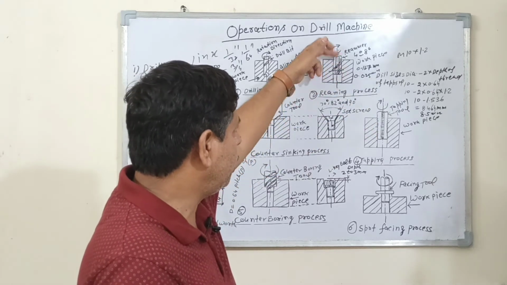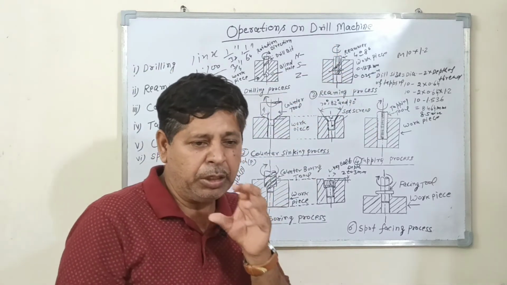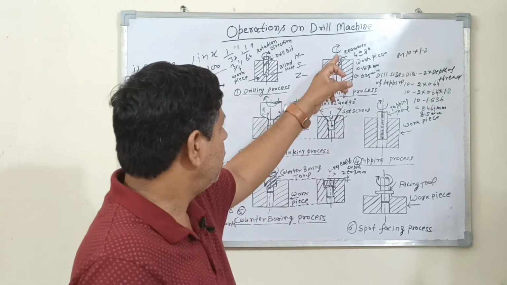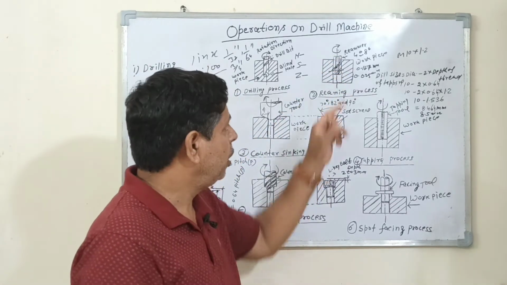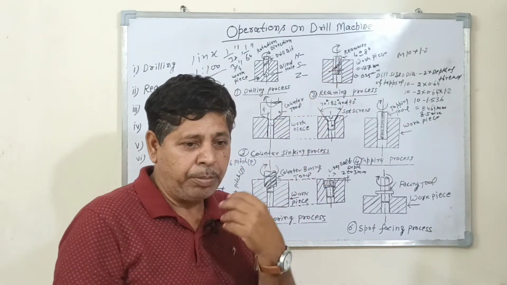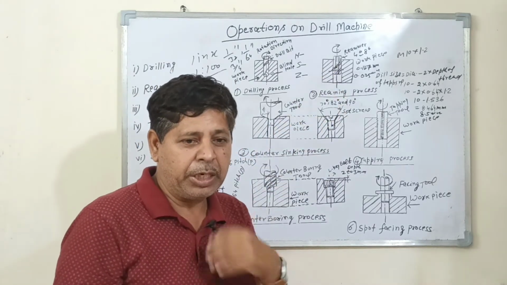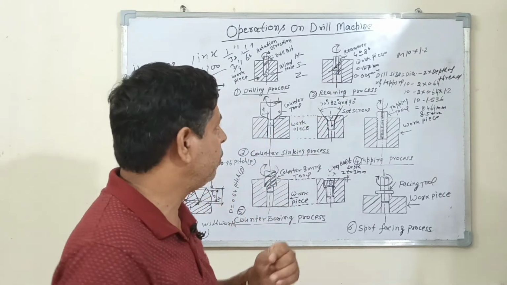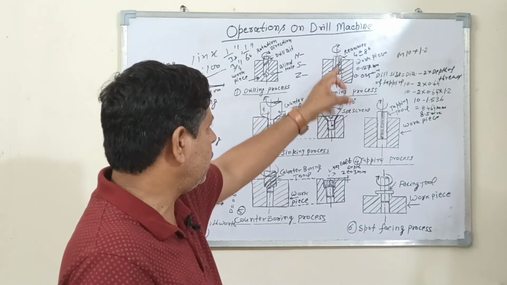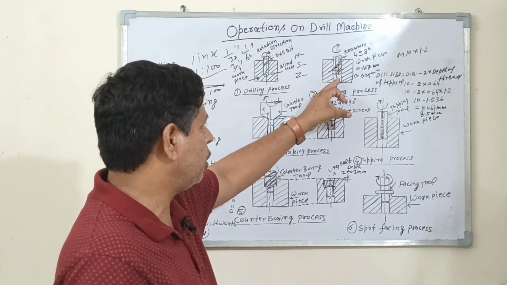Reamers are generally of 3 types: number 1 is straight type, number 2 is helical flute type, number 3 is adjustable or expansion type. So this is the straight type reamer.